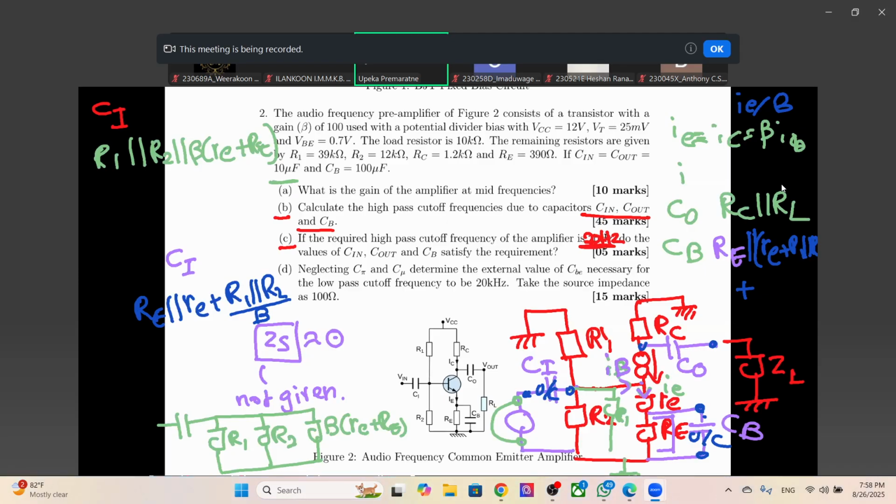So what we have to do here is first calculate the relaxation loop resistances, and then we find the capacitance for the given cutoff frequency.